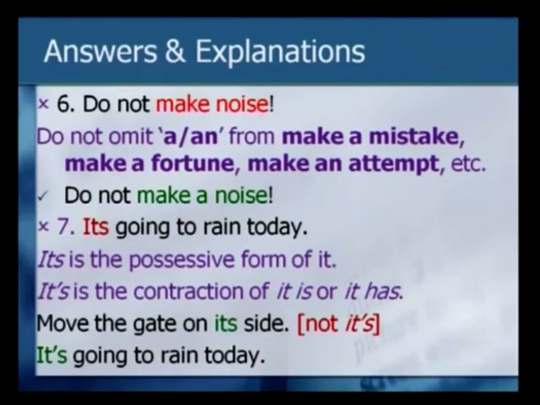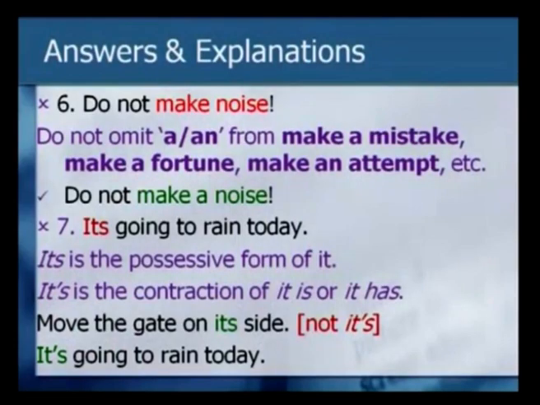You can't say do not make mistake, it is do not make a mistake. Similarly, make a fortune. He made fortune out of this. Wrong. So, you have to use make a fortune. Make an attempt, not make attempt, etc. So, the correct form here is do not make a noise.